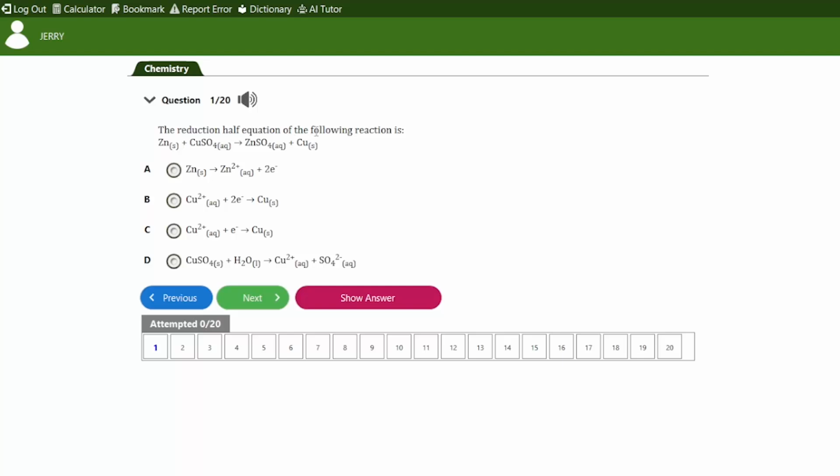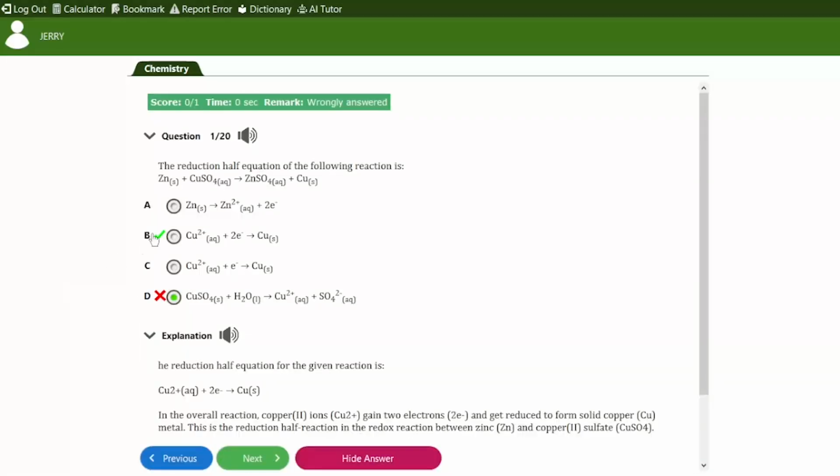The reduction half equation of the following reaction is this. Okay? The reduction half equation, from zinc to this. Okay, that is from copper 2 to, okay, I told you that the two of them are confusing.